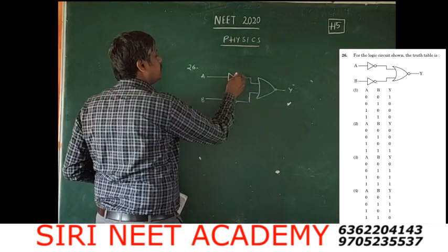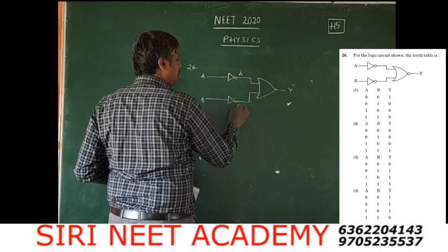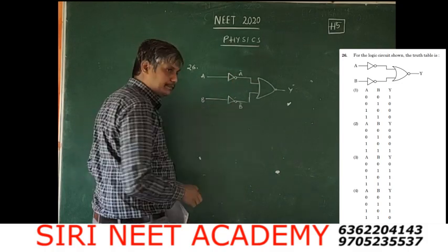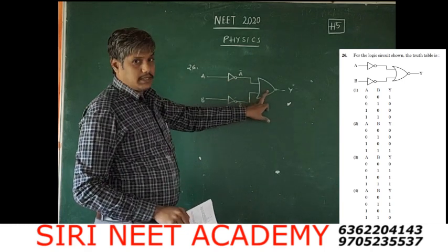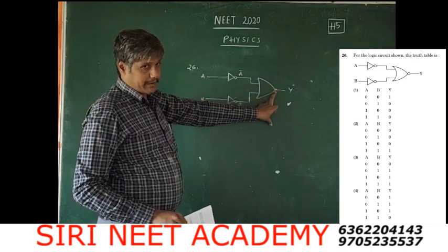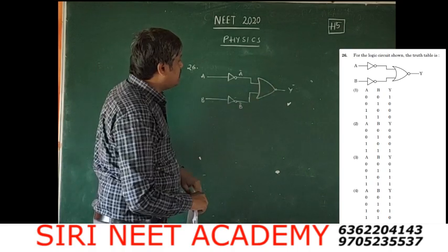So A is given. Here it will be A bar and B bar. Now these two are applied as inputs to this gate, which is an OR gate with a bubble above, so it will be a NOR gate.